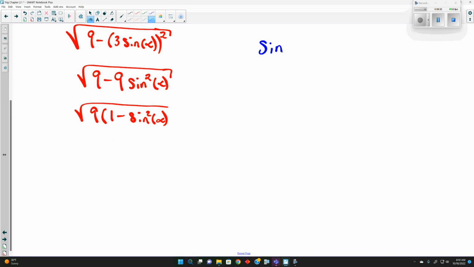As we said already, sine squared of alpha plus cosine squared of alpha is equal to 1, yes? And again, these Pythagorean identities are the only real ones we're going to manipulate to get what we want. And what I have inside this radical is 1 minus sine squared, yes?